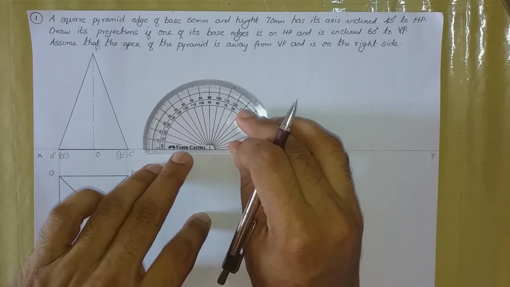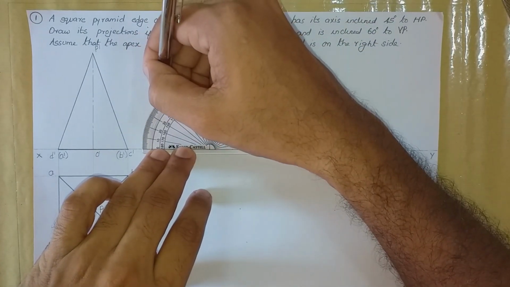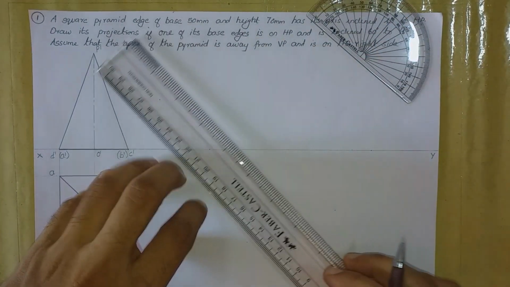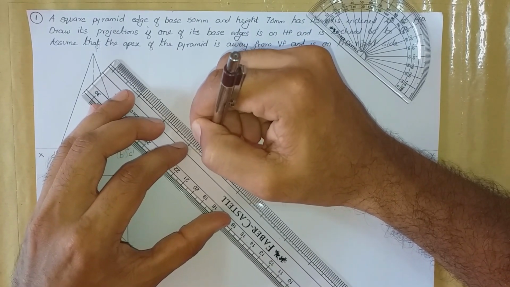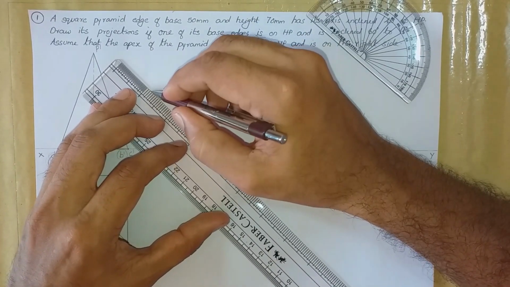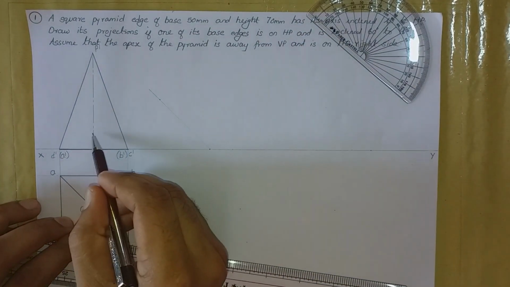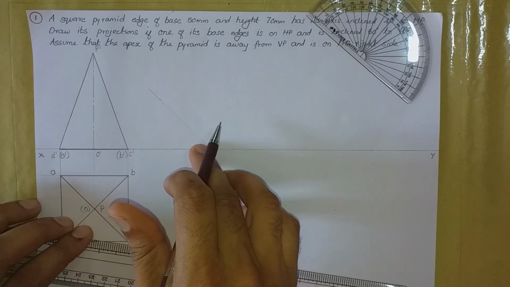let us take an angle of 45 degrees. Okay, you draw a thin line here. It is type B line. Here actually the axis is having an angle of inclination of 45 degrees with respect to HP.